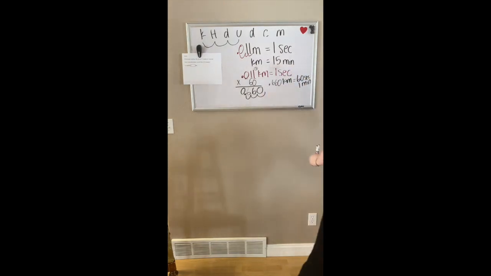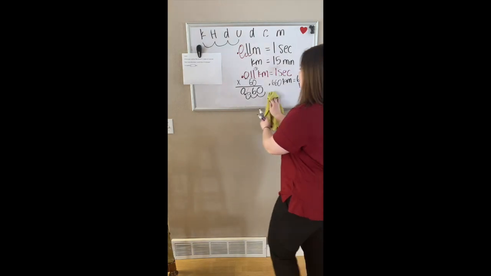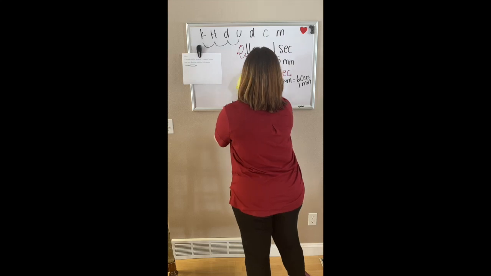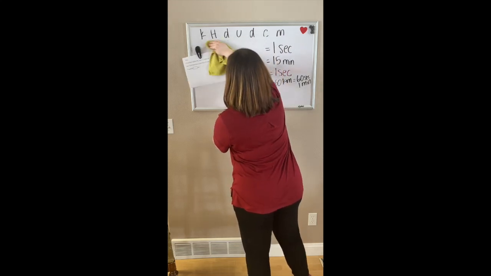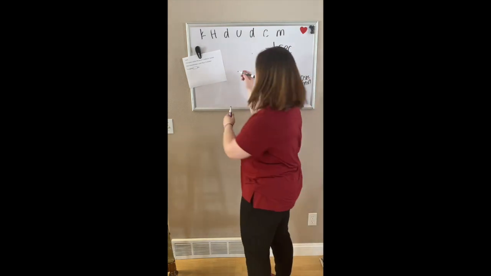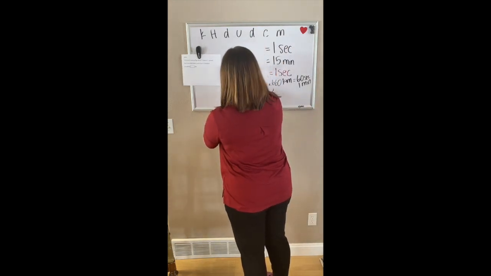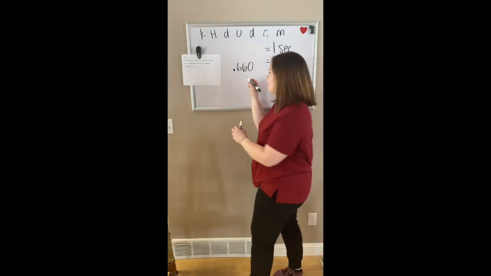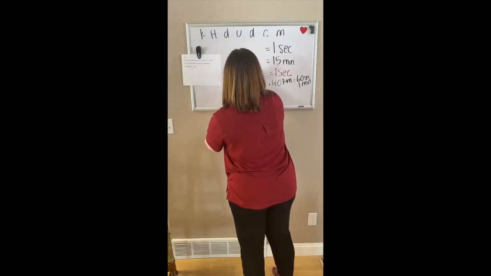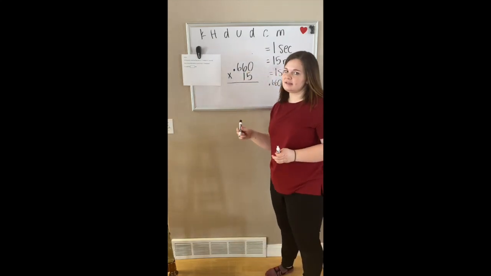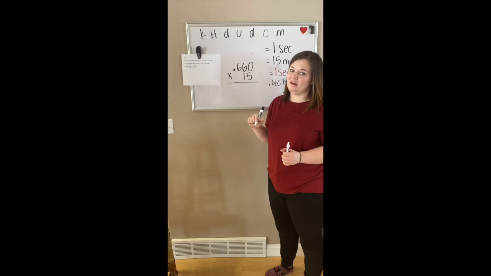So I'm going to make some room for myself. Okay, and I'm going to take 660 thousandths times 15 so I can figure out how many kilometers it goes in 15 minutes, because this right now is only for 1 minute.